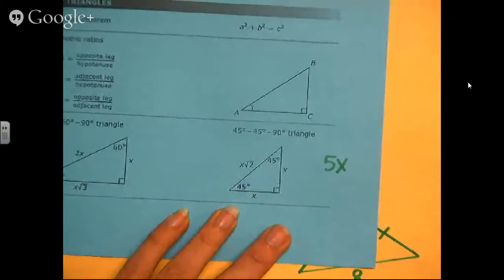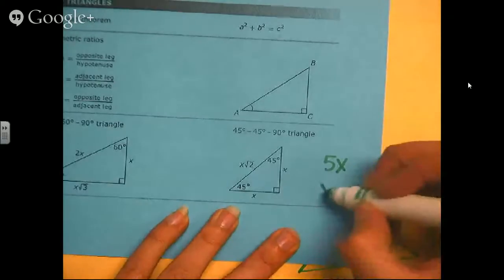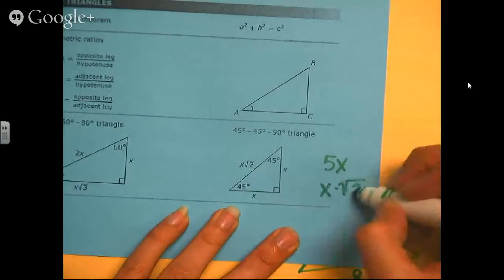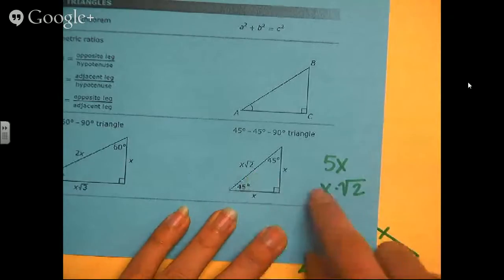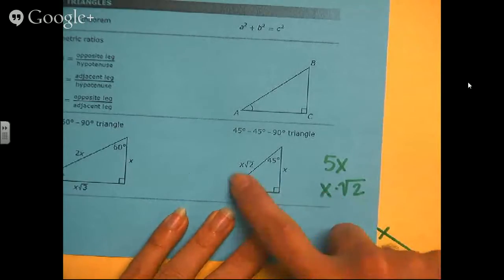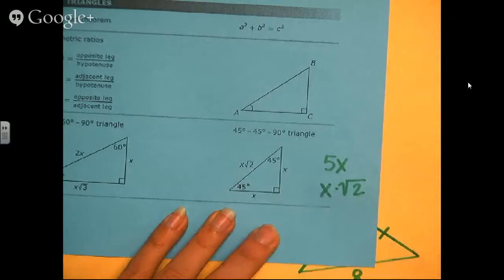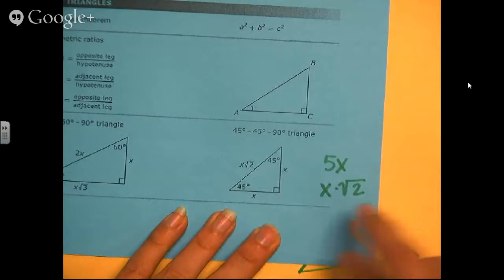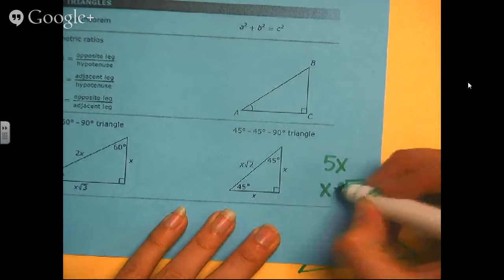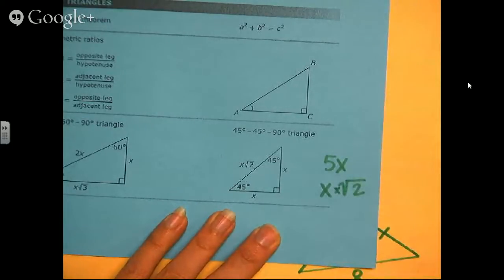They don't put the sign in between, because it's unnecessary. But what this X root 2 actually means is X times the square root of 2. So you will see it written like this and not with a dot or your typical multiplication sign in between them.